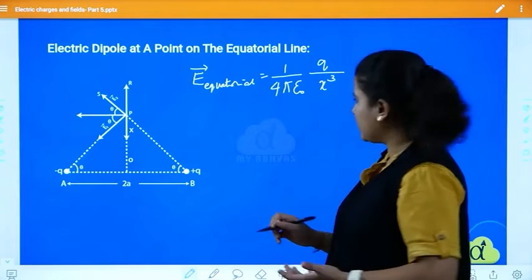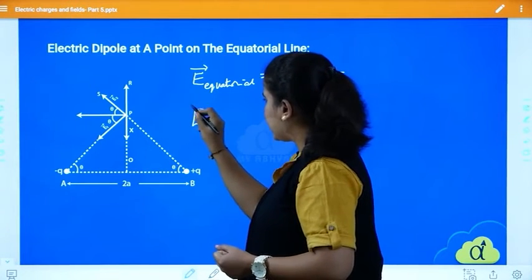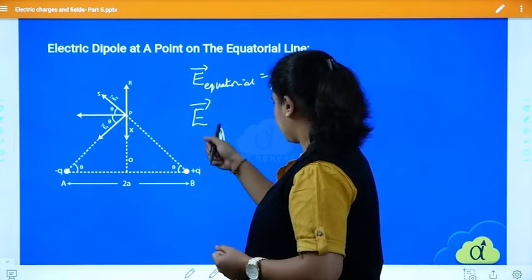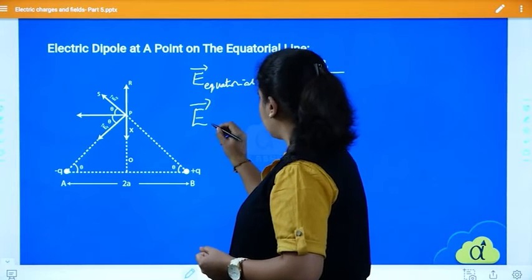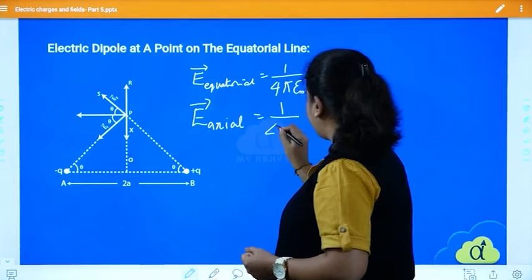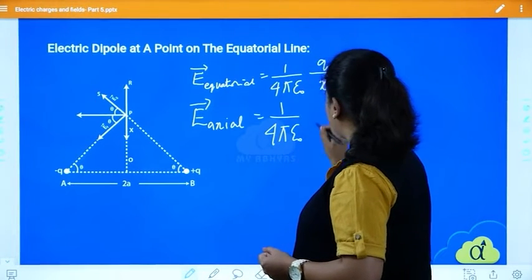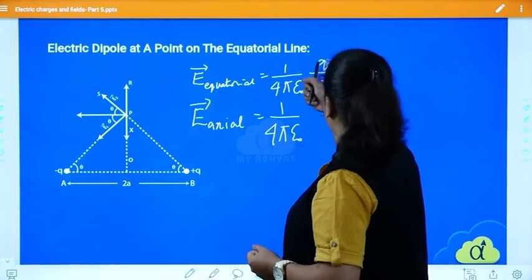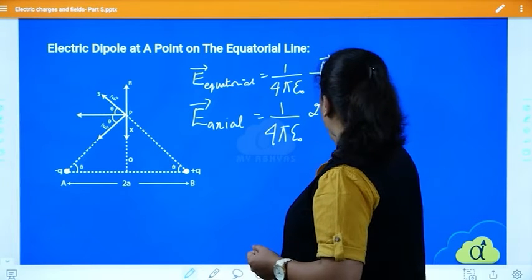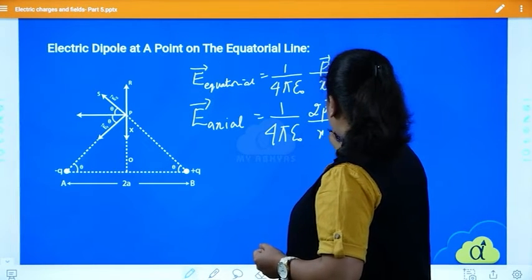Right. So coming to the axial, what we had? E axial is equal to 1 divided by 4 pi epsilon naught, this is P vector and this is 2P vector divided by x cube.